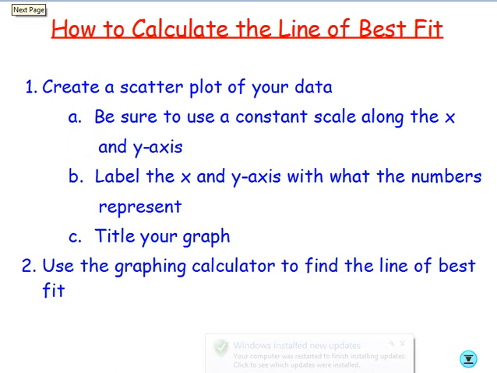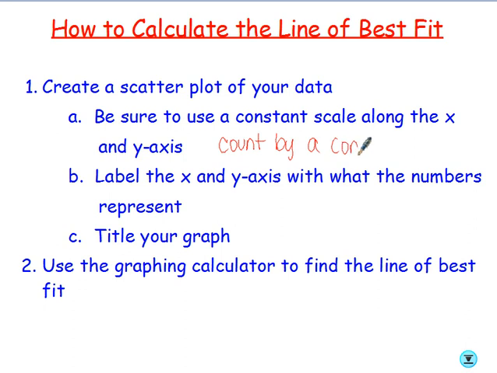When you are making a line of best fit, you are going to do all parts of step 1 together. So what you're going to be working on is creating a scatter plot. When you are making your scatter plot, be sure that you use a constant scale along the X and Y axis. What that means is, when you're putting your numbers on your axes, count by a constant amount.